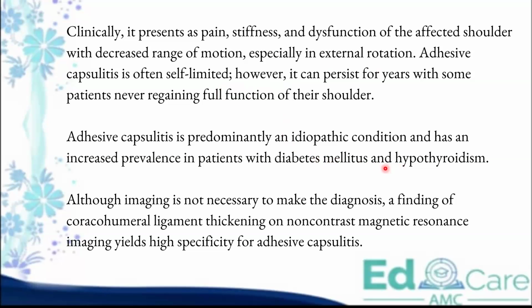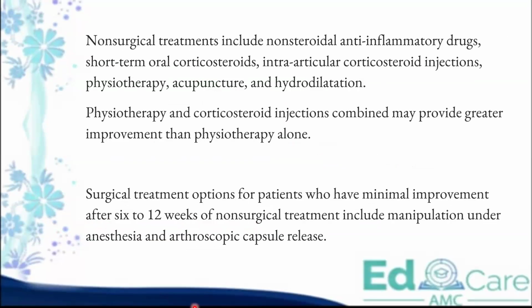So this is from the guidelines. Just know these points so that you are able to exclude it in the questions, right? Although imaging is not necessary to make a diagnosis. Coracohumeral, this is another name for glenohumeral ligament. Coracohumeral ligament thickening on MRI is highly specific, right?